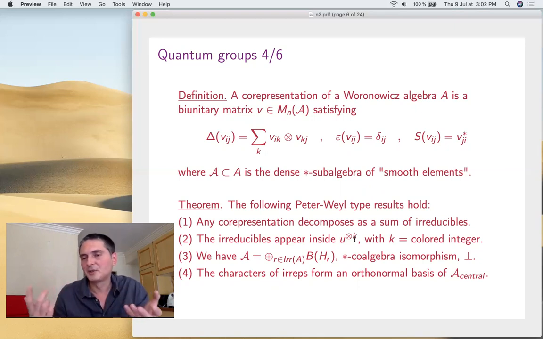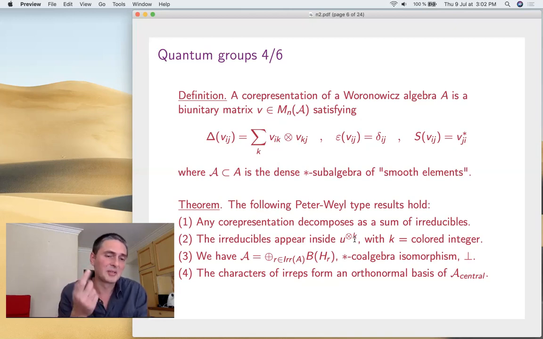So these are indexed by colored integers. I mean, k can be something like white, black, black, white, etc. U to that thing is by definition U tensor U bar, tensor U, tensor U, etc. So U to the white is U, U to the black is U bar. That's the convention.